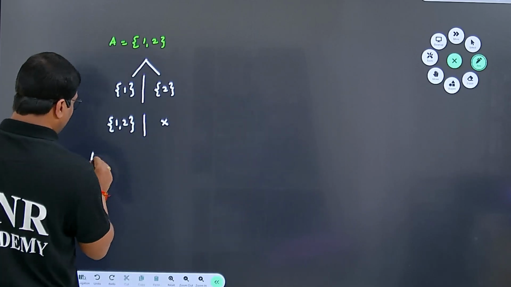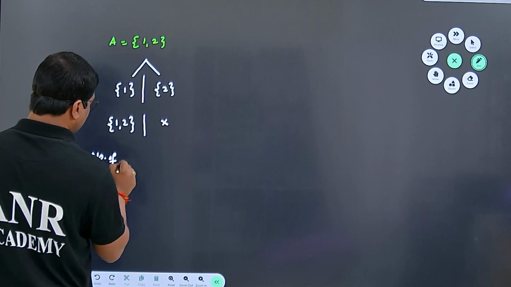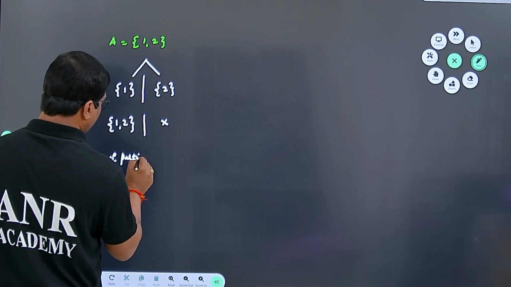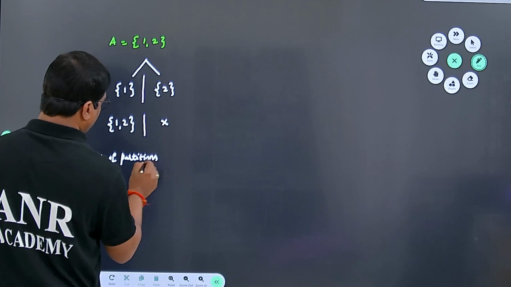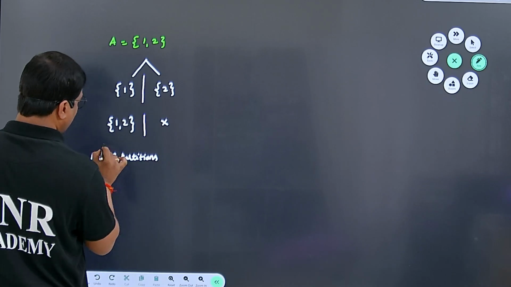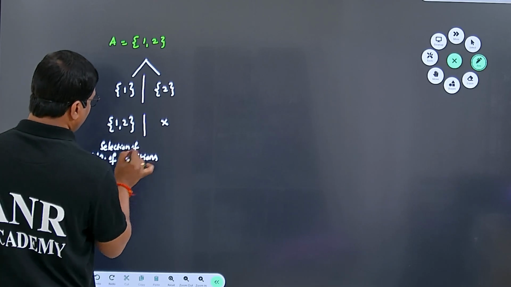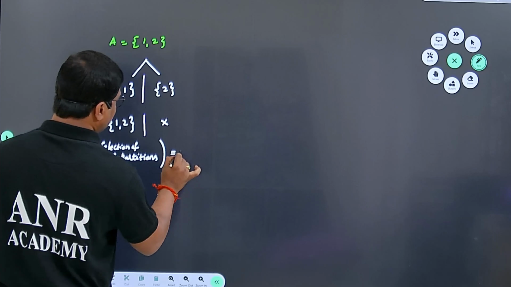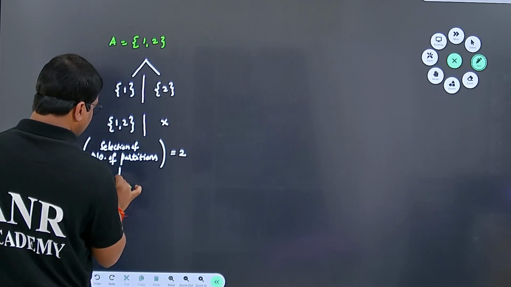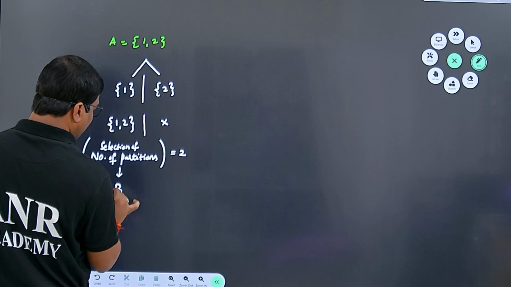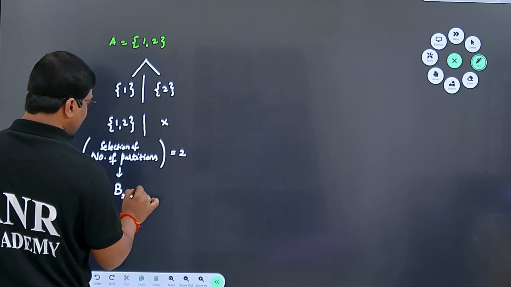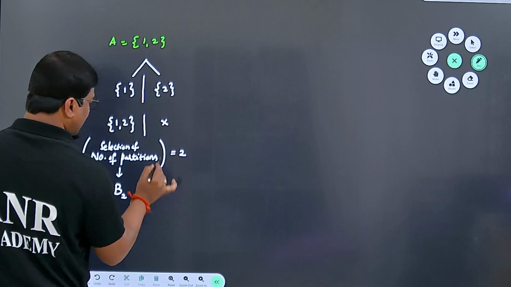So the number of partitions equals 2. This is mathematically equal to Bell number B2, that is equal to 2.